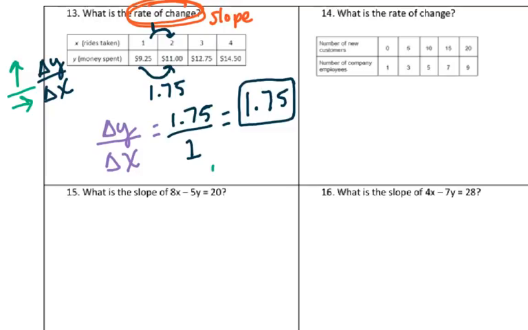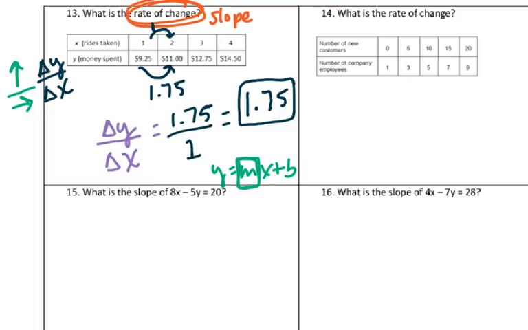Remember, the slope comes from the equation y equals mx plus b. The slope is the m. But the slope will only be the number with the x when y is by itself. So what we do is we need to begin by getting y by itself. That's not the slope. That's not the slope. That's not the slope. So to get y by itself, then you'll see what the slope is.